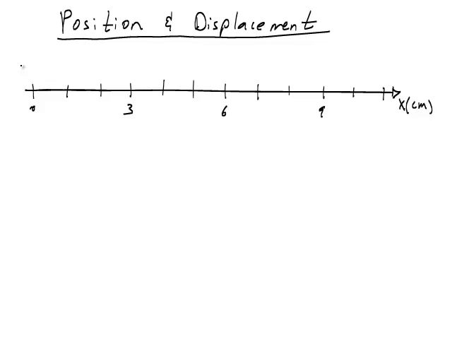In this lesson, we're going to discuss the difference between position and displacement. So if I have an axis, I can look at where my robot is at different times.